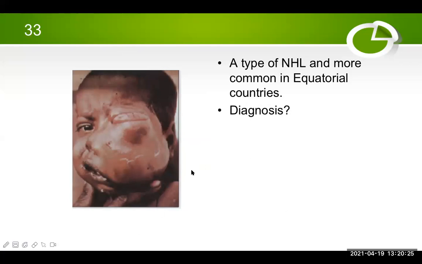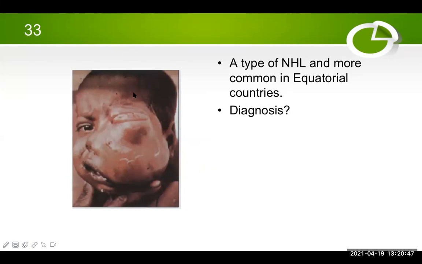This is a very, very typical picture. Any surgical book has this type of picture. So once you see it, you'll never forget. Burkitt lymphoma. But sometimes retinoblastoma may appear, not exactly like this, but in the same area, like the orbital area.